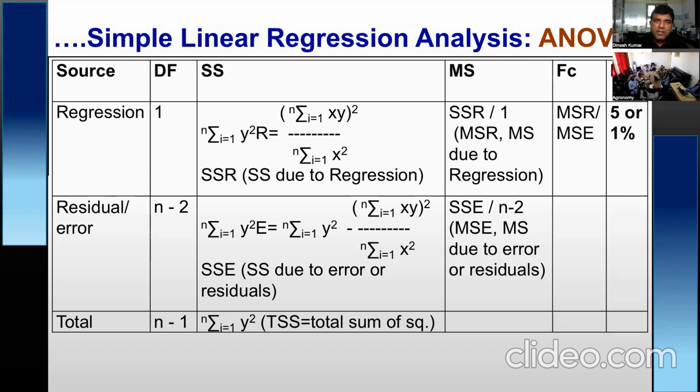If it is non-significant, that does not mean it will not have some other kind of relationship. It can have a quadratic relationship, a cubic relationship, or some other kind of relationship. But this test proves whether the equation is linear or not. So if results are significant, my equation is linear. If results are non-significant, my equation is not linear.